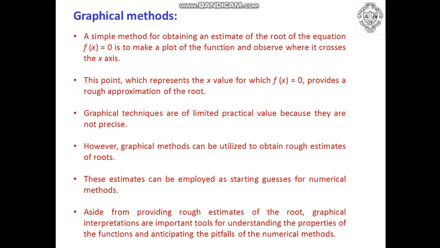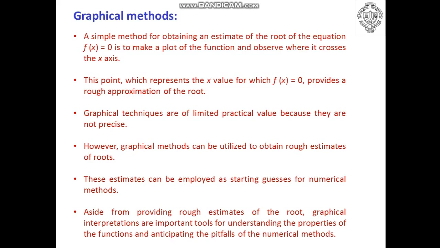This point, which represents the value of x for which f(x) is 0, provides a rough approximation of the root. So graphical techniques are of limited practical value because they are not precise. However, graphical methods can be utilized to obtain rough estimates of the roots. These estimates can be employed as starting guesses for the numerical methods.